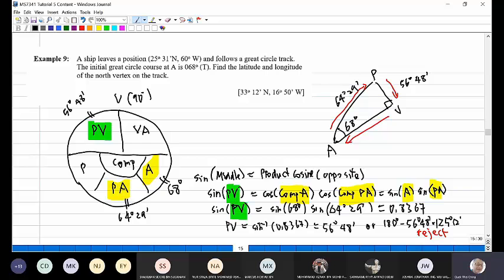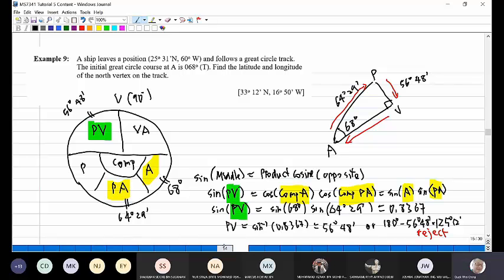So what does it mean? I know PV already. Maybe I try to give you the overall picture here. So after you calculate this already, now I want to show you what it means, all right? What do you know, the latitude of V now? This is 56 degrees, 48 minutes.